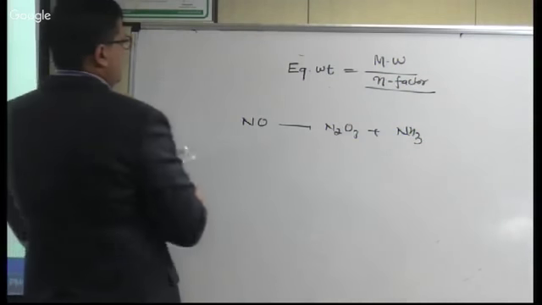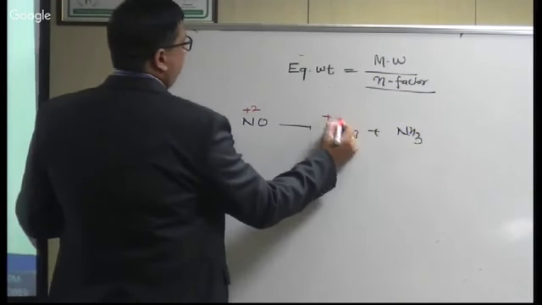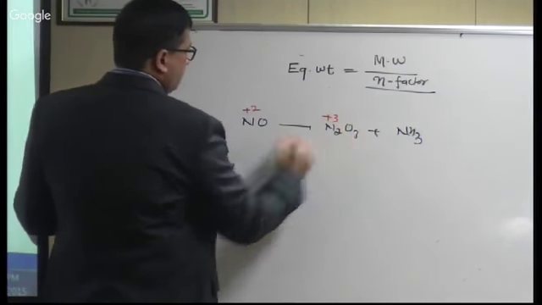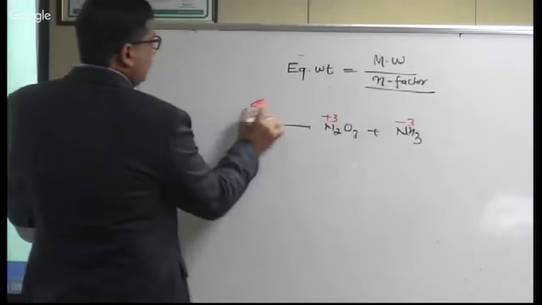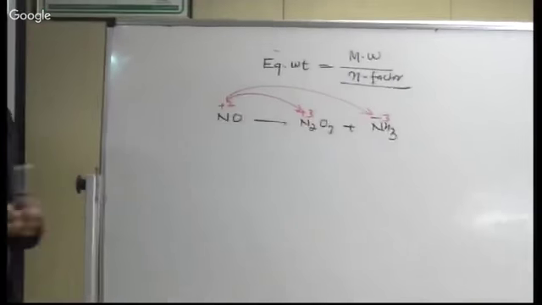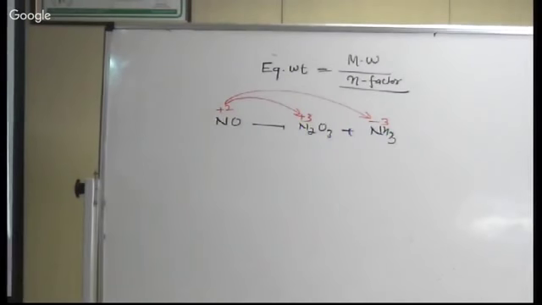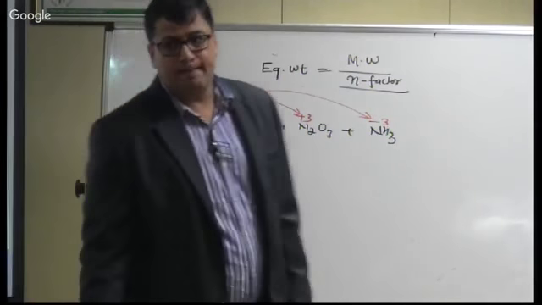See the oxidation state of this nitrogen is plus 2. This is plus 3, no? So it lost electron, this gained electron. Gain and loss both. So what is the n factor of this NO, or what is the equivalent weight of this NO?